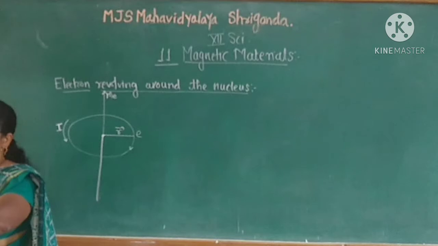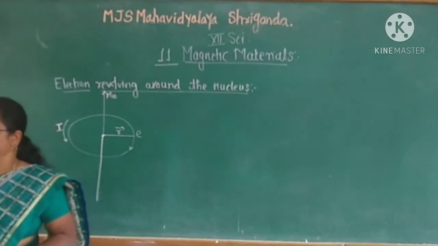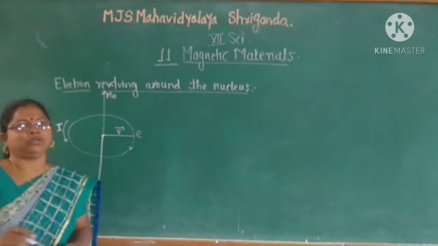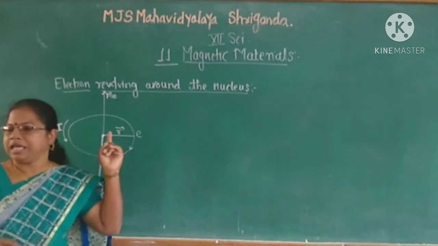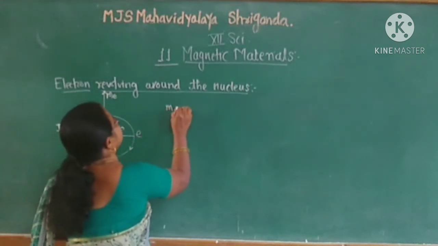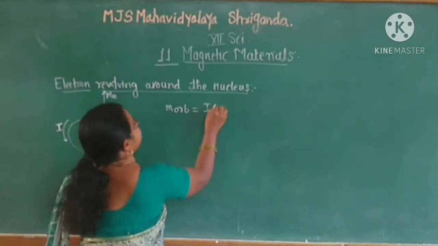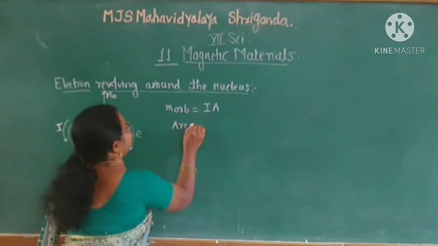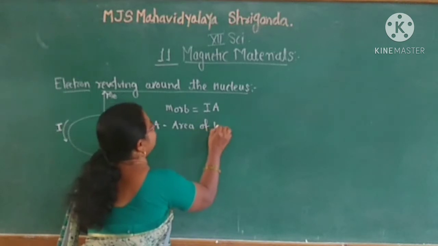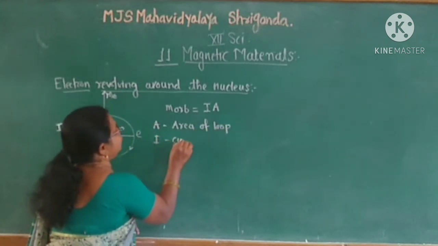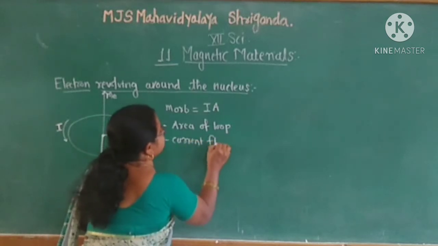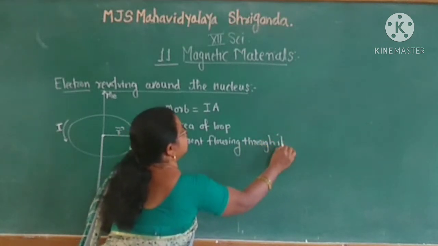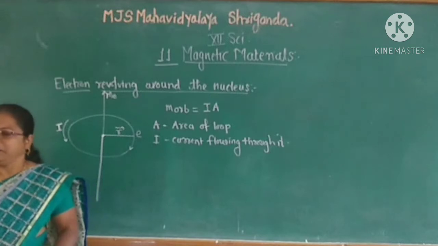Now since magnetic moment or the magnetic dipole moment due to an electron revolving around the nucleus is given by m orbital is equal to I into A, where A is nothing but the area of loop and I is the current flowing through it.